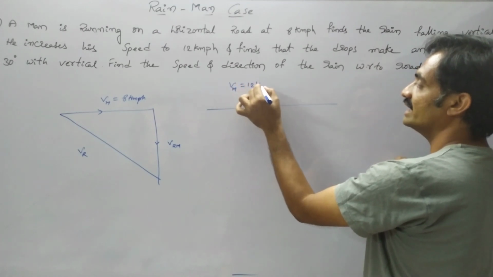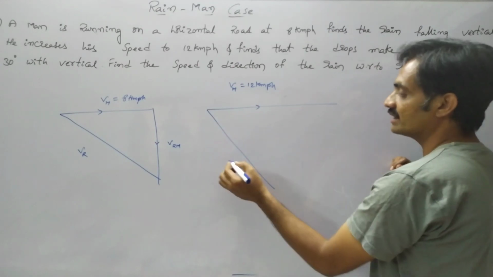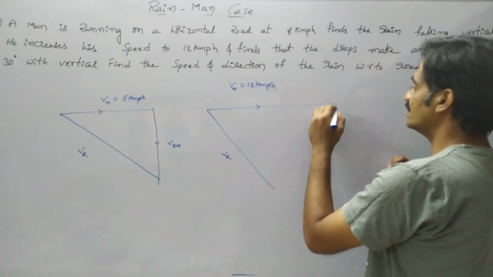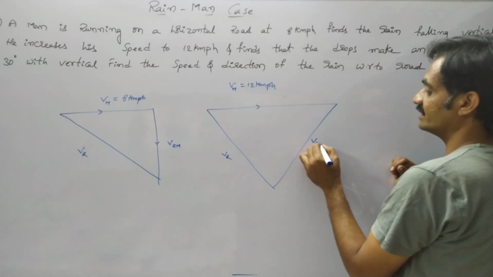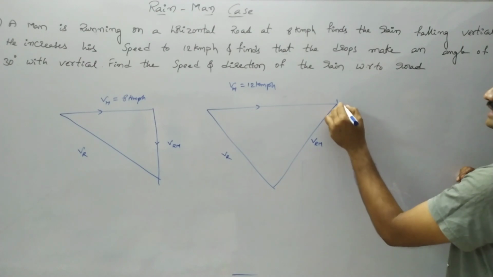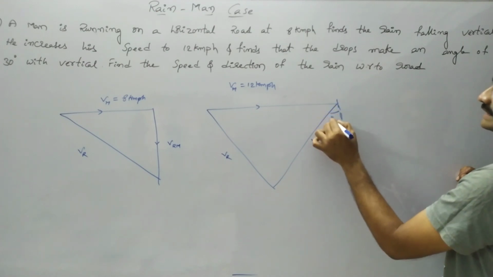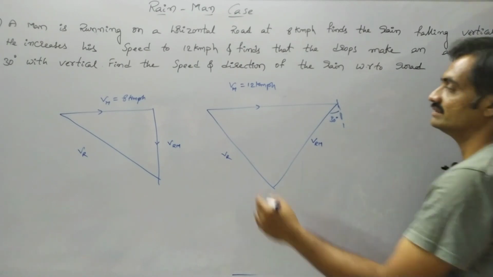The rain is falling like this, velocity of the rain, whereas the rain appears to the man like this, and it makes an angle of 30 degrees with the vertical.